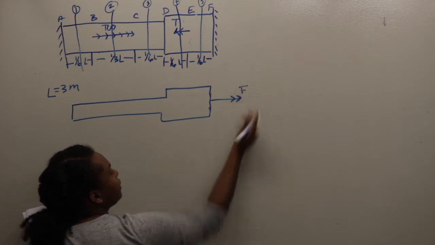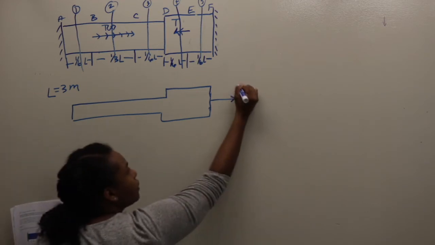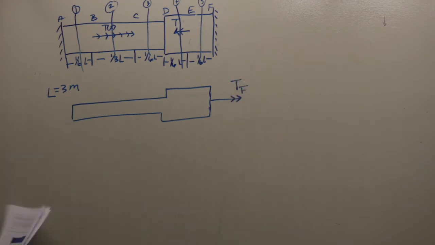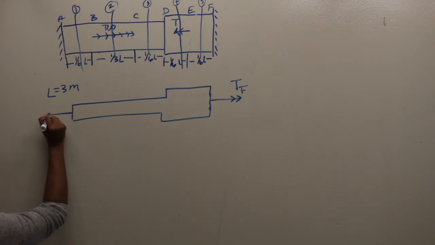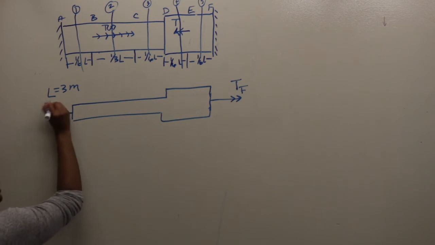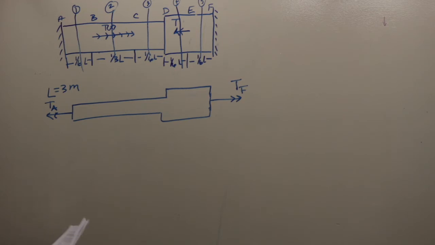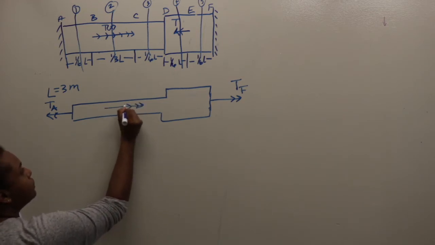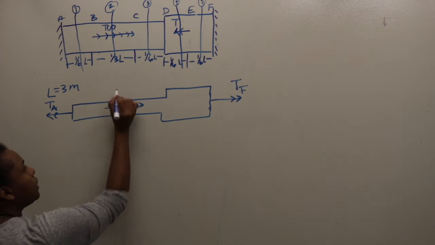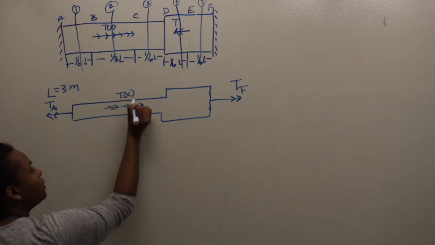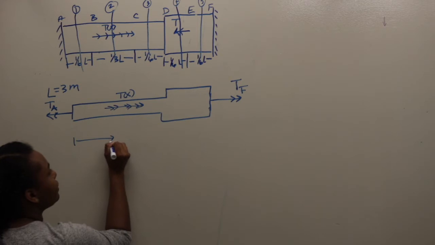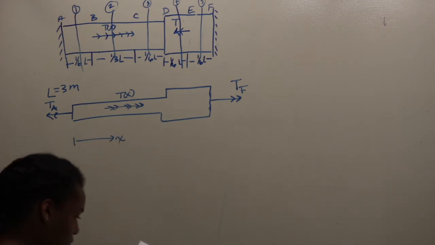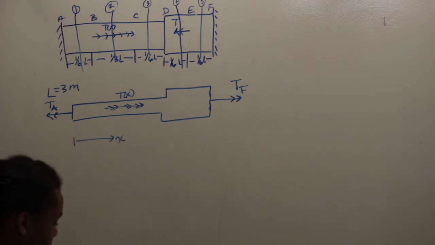This is the impact of the reactive torque on F and the reactive torque on A. And then we have a distributed torque here, which is t of x, where x is this way, starting at 0.